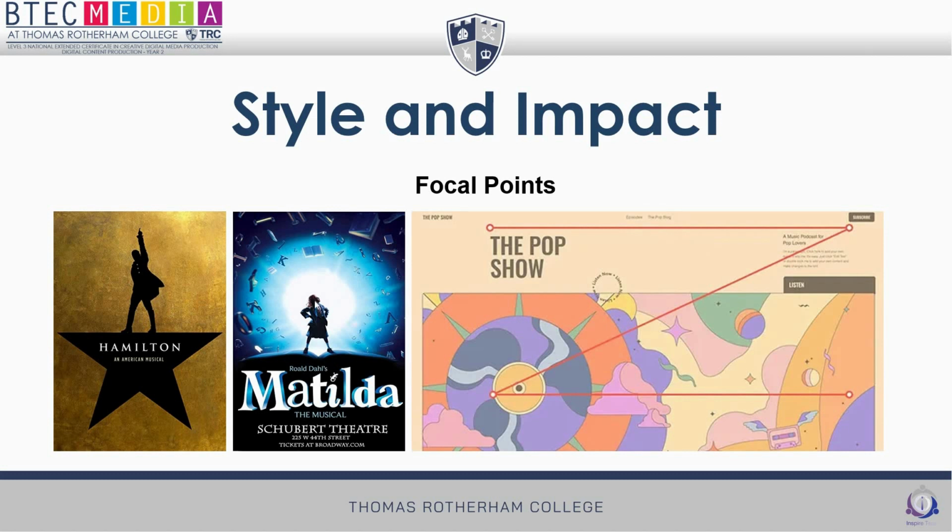So these techniques that we've just looked at can help create a focal point to an image. That links back to what I was saying at the start of the video, where you need to be thinking about how all these different principles work together to help create certain effects or meanings or whatever it is the product is intending to do.